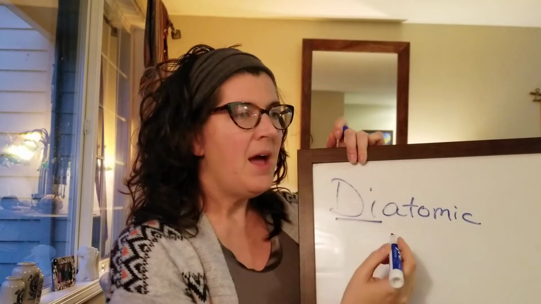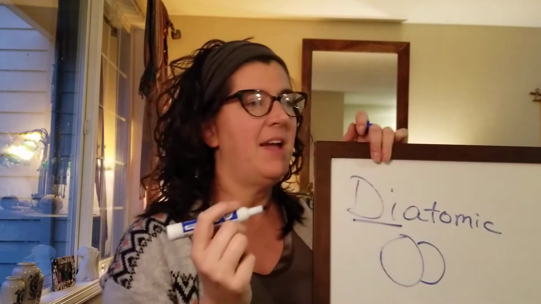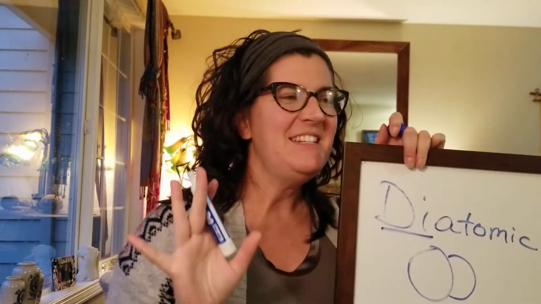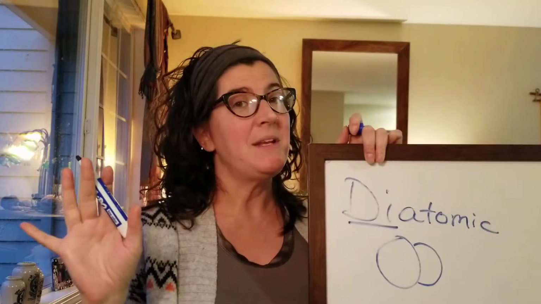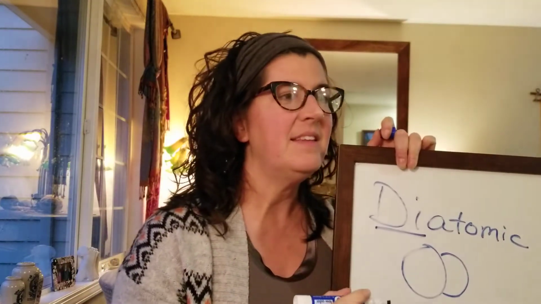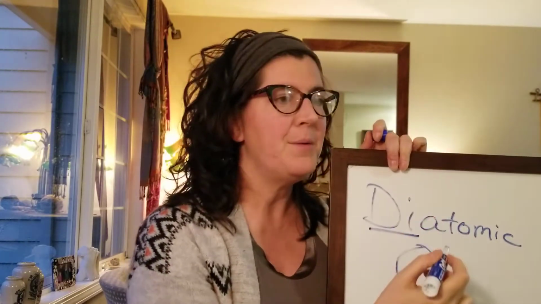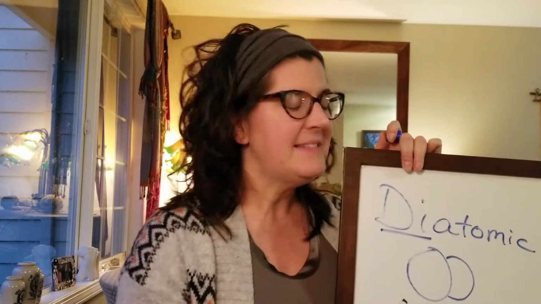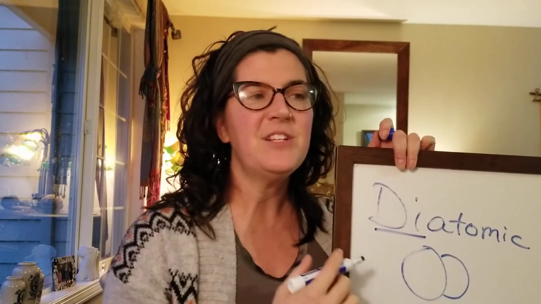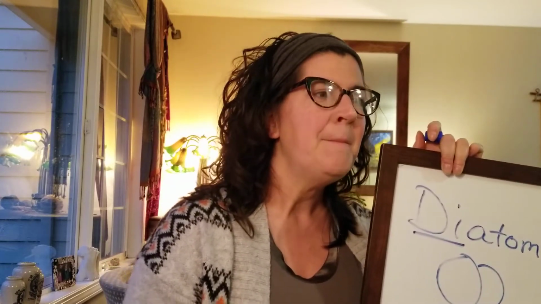And we are looking at 7 different homonuclear, homo meaning same nucleus, diatomic molecules. And that means that they come in pairs. So hydrogen, fluorine, oxygen, chlorine, iodine, bromine, and nitrogen all come in pairs like this.